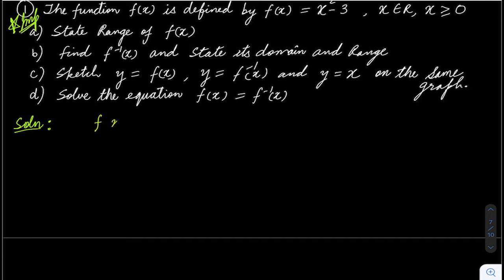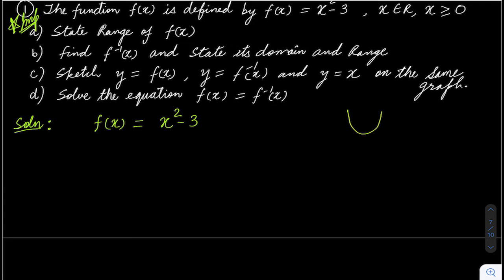Now, you can see that f(x) equal to x square minus 3. We know it's a quadratic, right? So its graph is a parabola. And because the coefficient of x square is positive, as we discussed in the graph of quadratic video, it will be something like this.